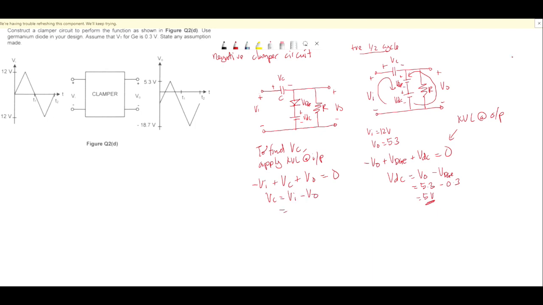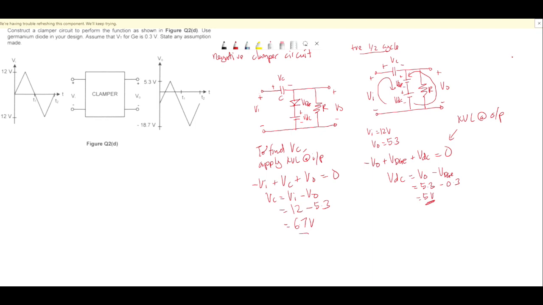V in for the positive half cycle is 12 volt minus V out is 5.3 volt. So here you get 6.7 volt.